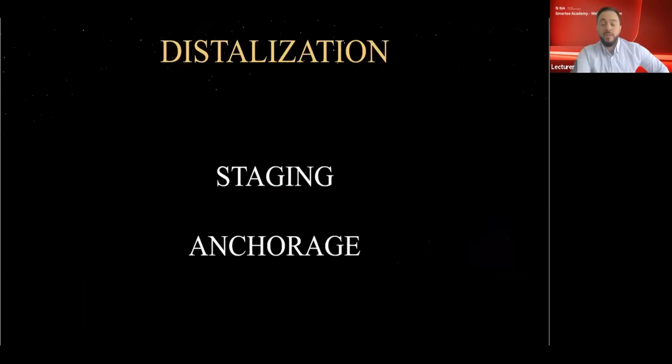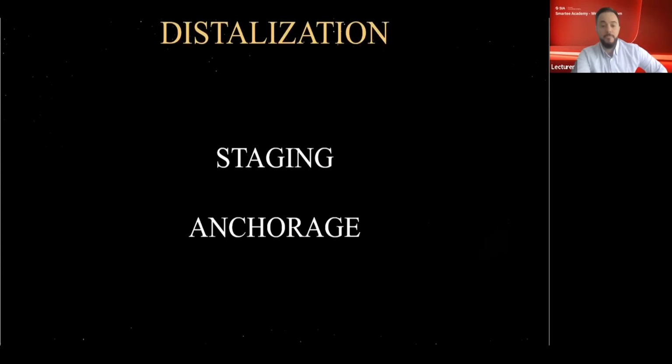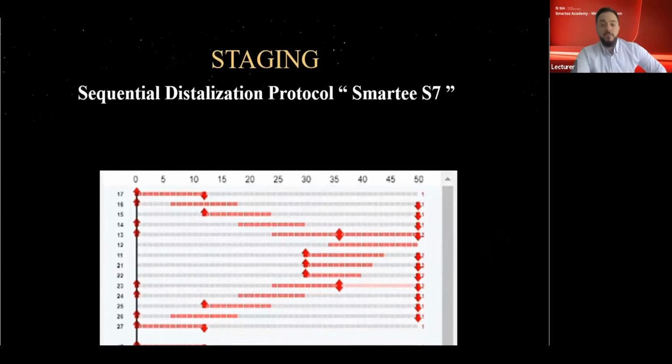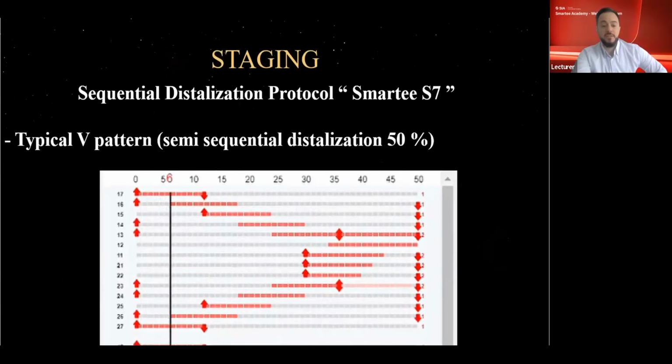And we need also to assess how Smartee solutions contribute to making those movements more achievable. Smartee has developed their sequential distalization protocol, which is Smartee S7, which means that we move only 2 molars at a time. When we start this movement, we do semi-sequential distalization up to 50%, which is the typical V pattern.